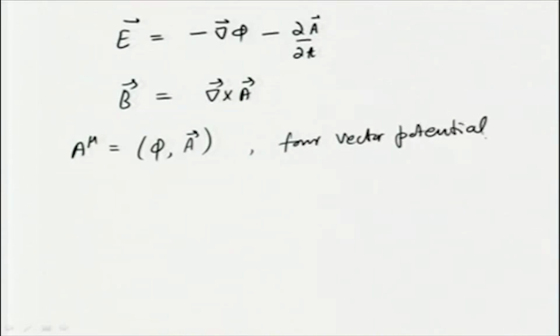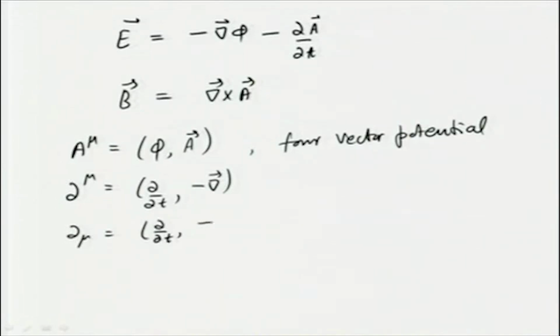Okay. And we already know dou mu is equal to dou by dou t minus gradient, dou covariant is dou by dou t plus gradient.